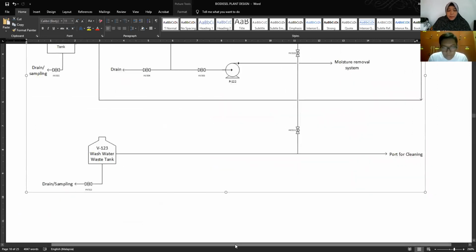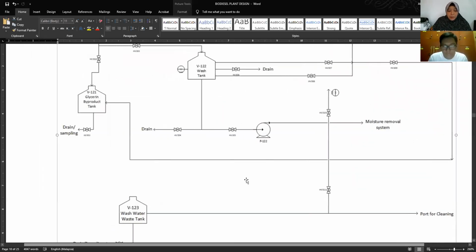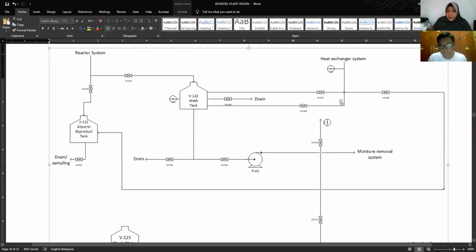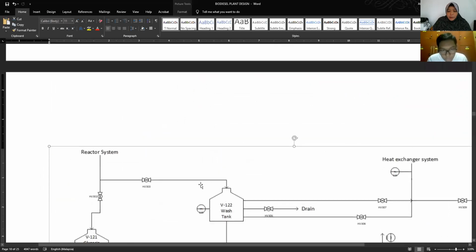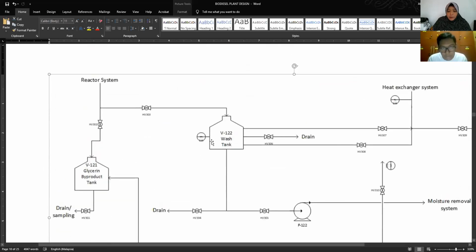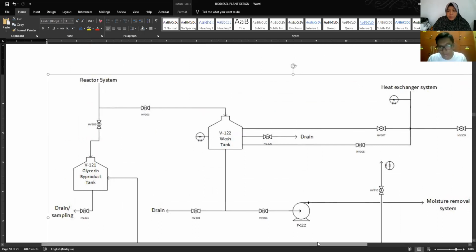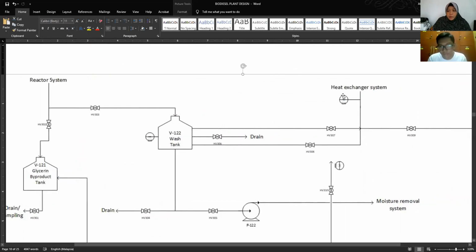Do you have any information regarding the temperature of the wash tank? For the wash tank, we have a temperature transmitter. And for the heat exchanger system, I have three temperature indicators, 3 to 6.